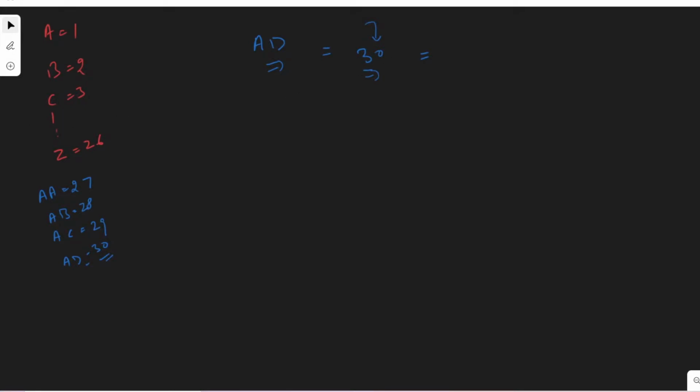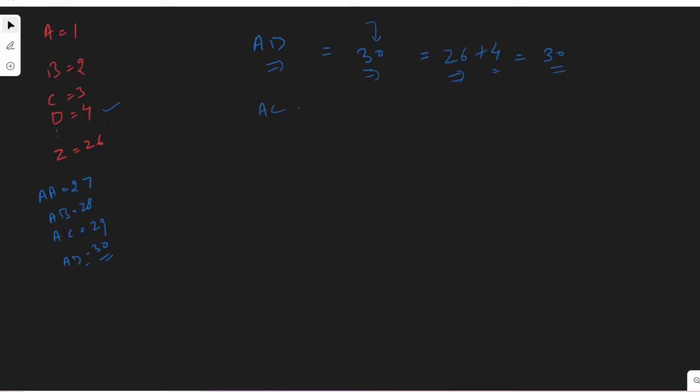We know that D is 4, and we have 26 characters. So assume 26 plus 4, where 26 comes from somewhere and 4 is D, and the number is 30.